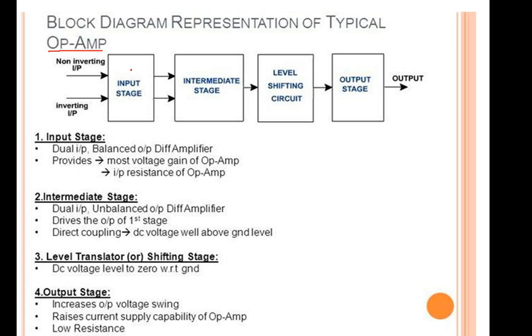I will discuss them one by one clearly, but at this moment you have to remember that the first two blocks are differential amplifier blocks. The first block is the dual input balanced output differential amplifier, and the second block is the dual input unbalanced output differential amplifier.